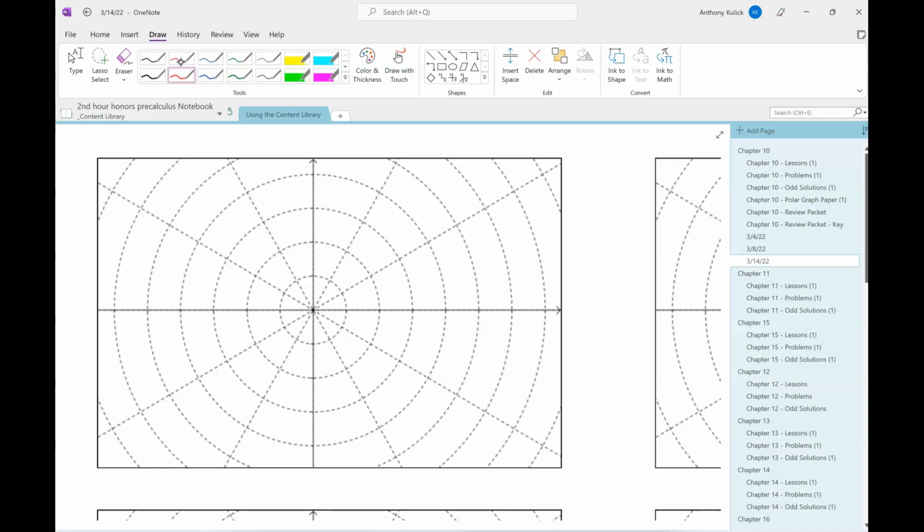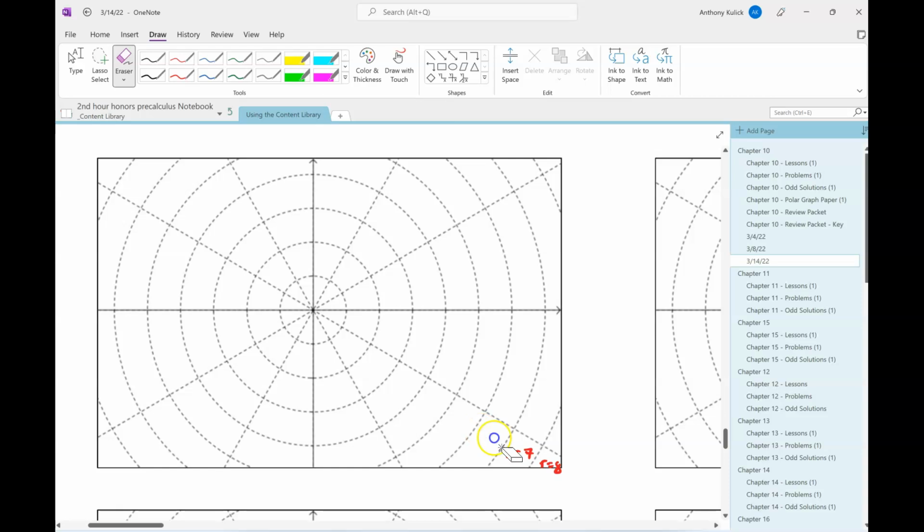Concentric, meaning sharing the same center, are representing the r's. So the first circle is like r equals 1, and then 2, and then 3, and then 4, and then 5, and 6, and 7, and 8. You get the idea, right?